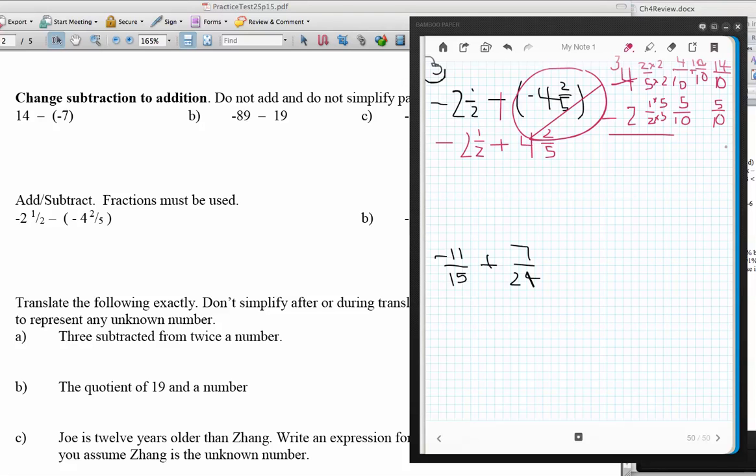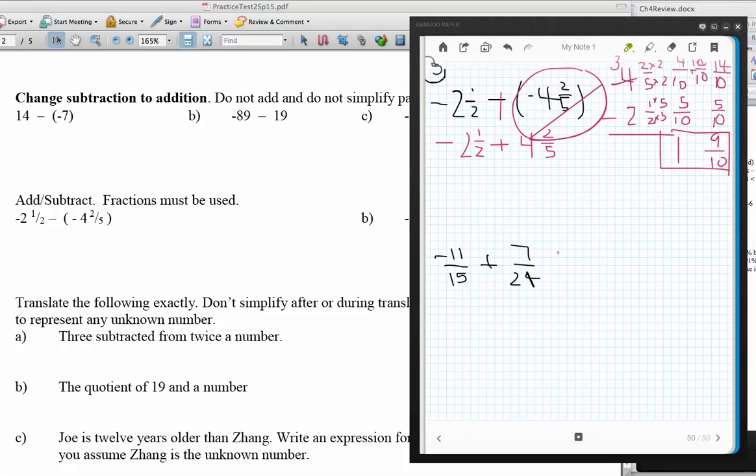So 14 minus 5 is 9, and those are tenths, and then I can come back over here and subtract the whole numbers, 3 minus 2, which is 1. So there's my number, 1 and 9/10. It is positive because the larger number is positive and the smaller is negative.